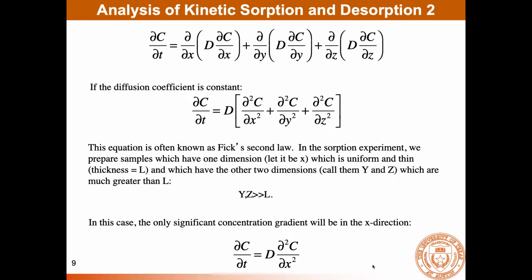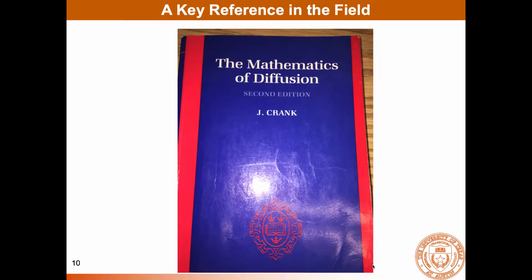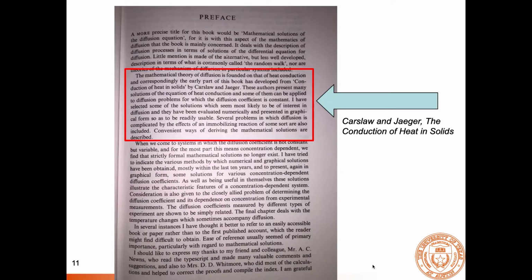And so the way these experiments are typically analyzed is using this form of Fick's law. This is often called Fick's second law, and this I showed you earlier is the Bible for analytical solutions in this space, The Mathematics of Diffusion, written by a fellow aptly named John Crank. And if you look at some of the sections of this, you'll see why that's appropriate.